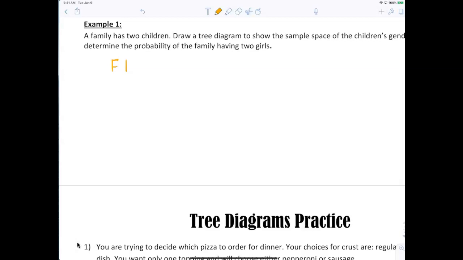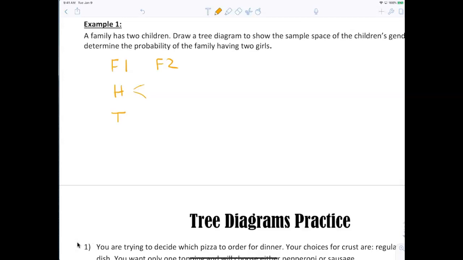Heads or tails. So watch. I prefer that you're going down the page this way, heads and tails, right? Now, flip 2 generally goes on the top. So if I'm doing flip 2 now, you're going to branch this off into what?